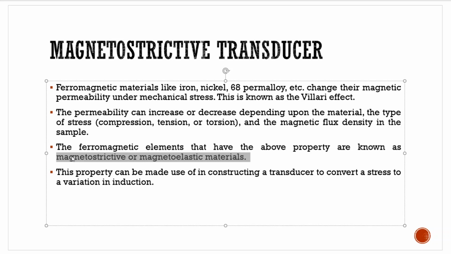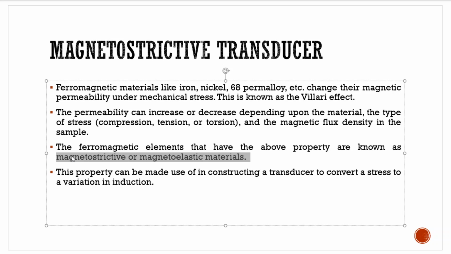This property can be utilized for measurement of stress and strain in different transducers. It will cause a variation in inductance. As permeability changes, inductance will change, and that inductance can be measured using any AC bridge, and it will generate an equivalent amount of voltage.